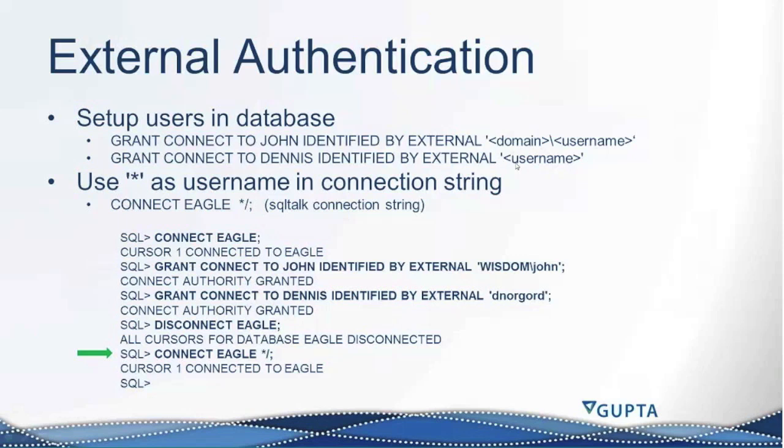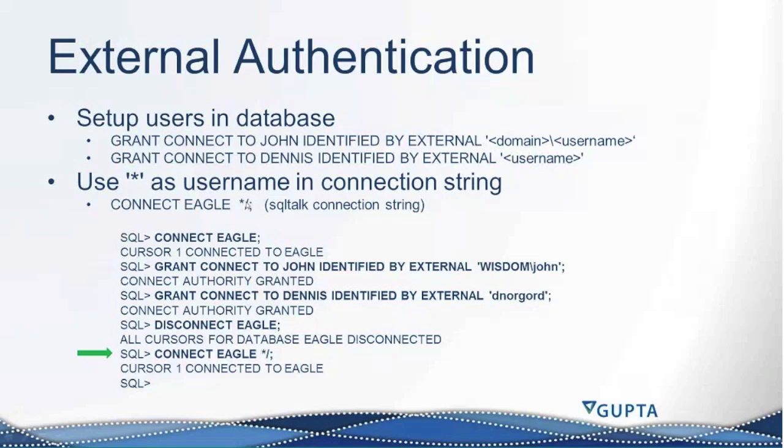But if you specify only the username, that user can exist as an off-domain user or a user on any domain that's authenticated to that machine. So you have a little bit of flexibility to be stricter in a domain environment or a little less strict in a non-domain environment.